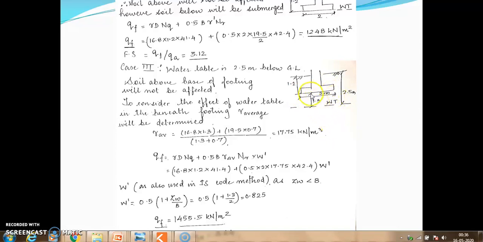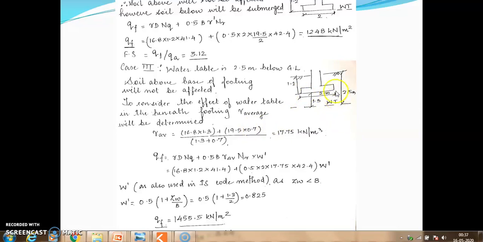So now this B below the foundation is 2 meters. 2 meters minus 1.3 leaves us with 0.7. So the unit weight applies for the 0.7 meters below this 1.3. I hope you are understanding where I got this 0.7. It is when I take 2 meters below the foundation level, how much of the soil is submerged.